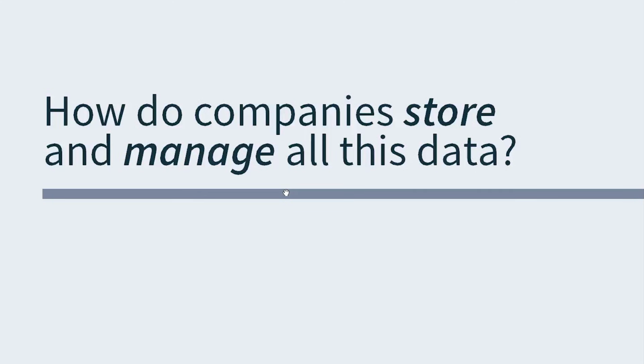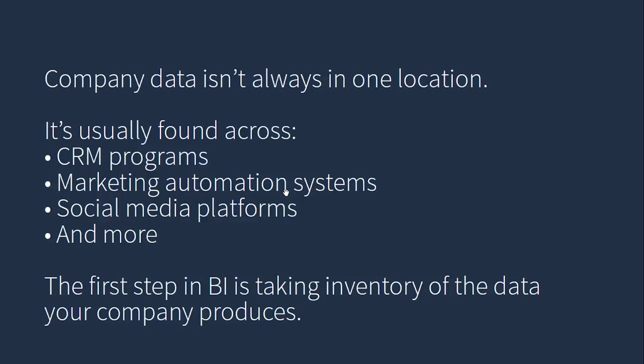So how do companies store and manage all this data then? Well, company data isn't always in one location. In fact, it's rarely in one location. Instead, it usually resides across different systems. You'll have customer or lead information in a CRM program. You might have information about how your marketing efforts are going in a marketing automation system.